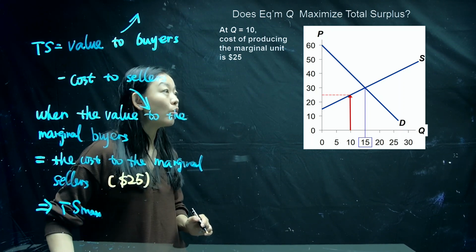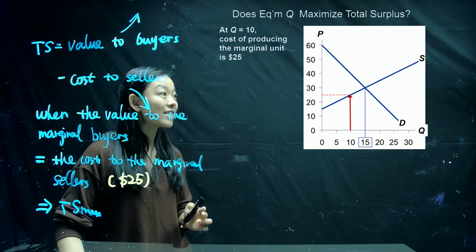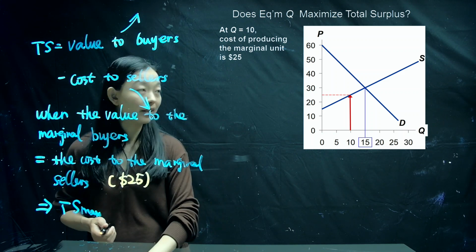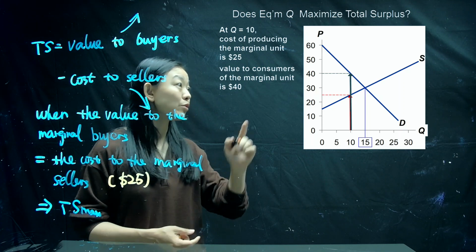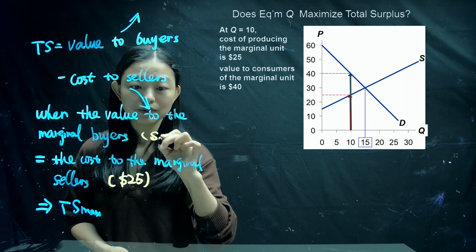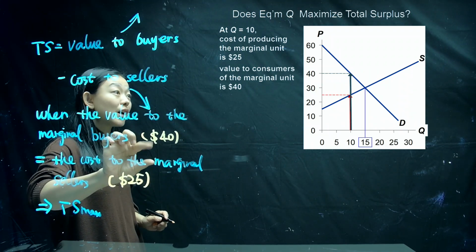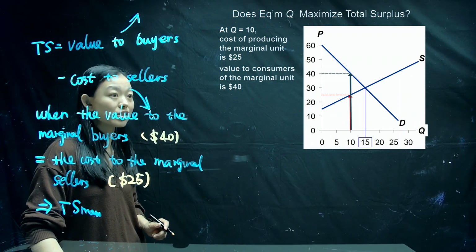However, you can also get the value to the marginal buyers. You can just draw a vertical line, and then you get the value to the marginal buyers equal to $40. They are not equal to each other, right?